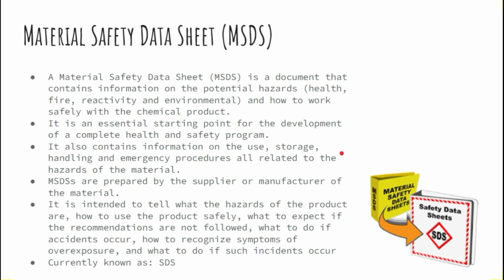Kunwari like natapon. So, kailangan naka-indicate po sa MSDS kung ano ang gagawin. And then, how to recognize symptoms if you are overexposed to the chemical and what to do if such incidents occur.